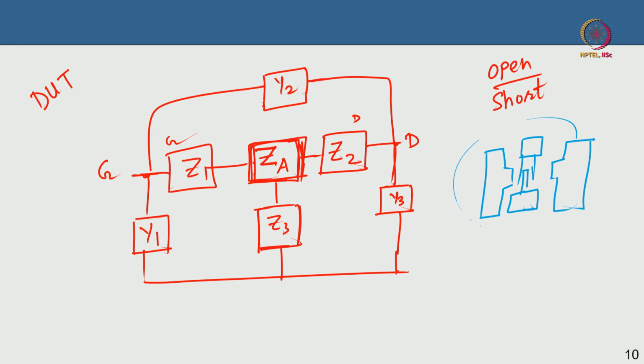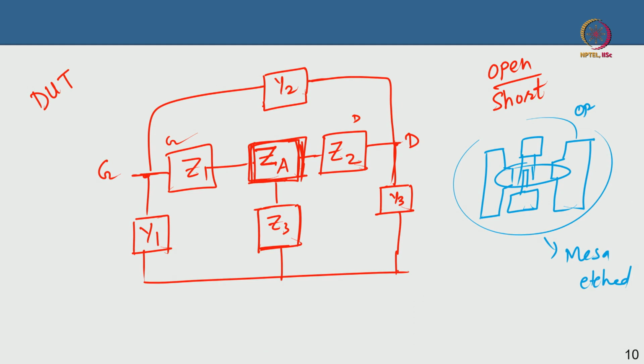This entire area is mesa etched. That means this entire structure is sitting on the region where the active channel has been completely removed or etched away. They are sitting on the buffer, you can say. So there is no active channel in this part, there is no 2DEG, there is no channel. So this is open, everything is open, they are not connected to each other.